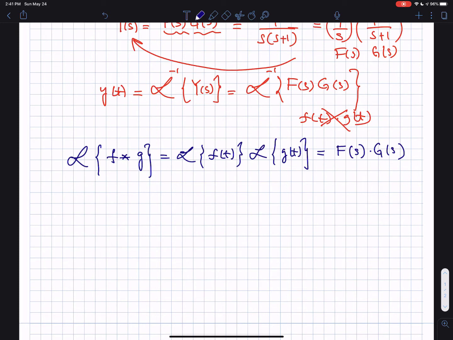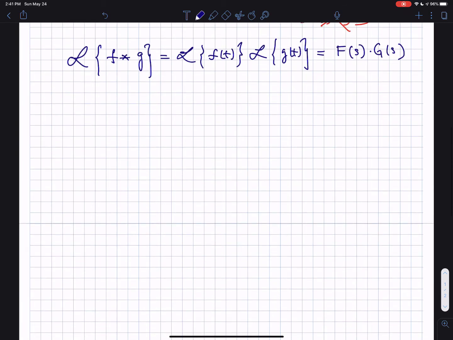Great. So let's look at it from a very simple differential equation point of view. Let's say I want to introduce you to the concept of convolution by looking at a second order differential equation, and I'm going to assume that all initial conditions are zero, so I get a simple algebraic Laplace transform equation out of it.